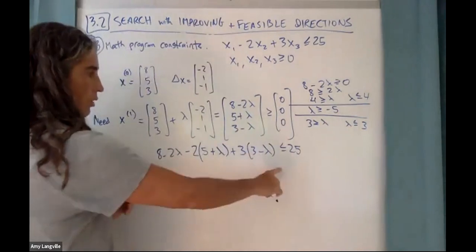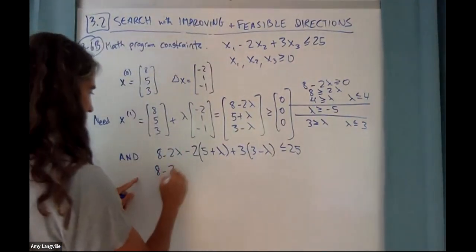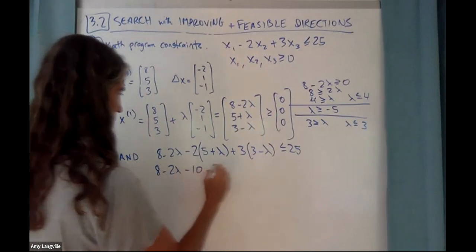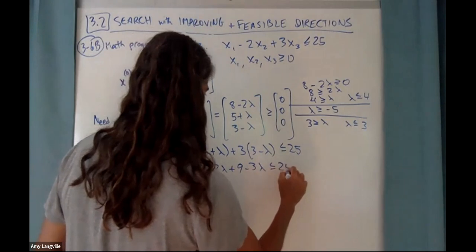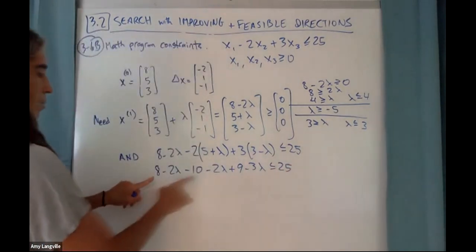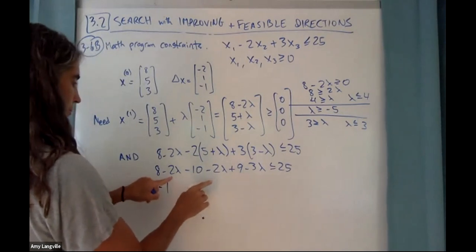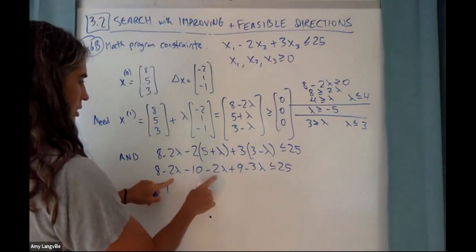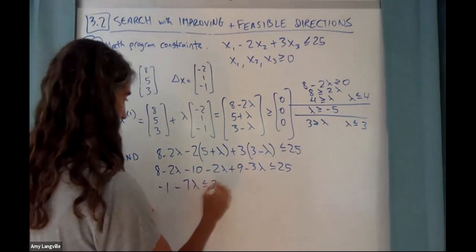And now we have to do a little algebra on this one. So we have what? Well, I'll just write it all out. 8 minus 2 lambda minus 10 minus 2 lambda plus 9 minus 3 lambda less or equal to 25. Let's see. Minus 2 plus 1 is -1. Minus 4 minus 7 lambda less or equal to 25.